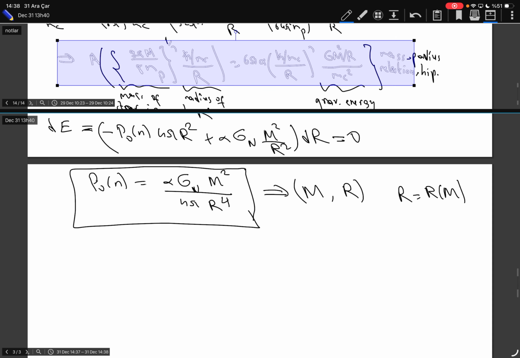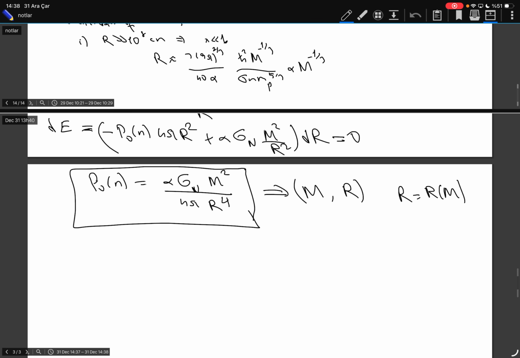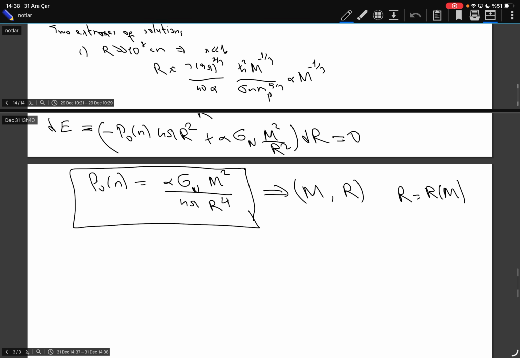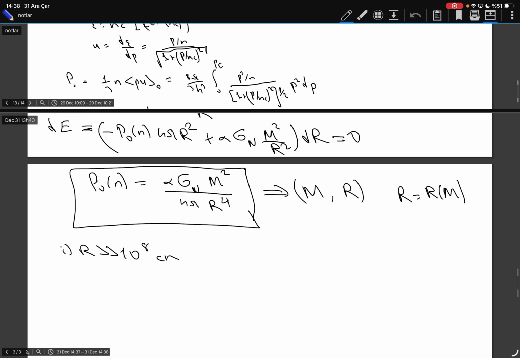Given the mass of the neutron star, you can identify what should be its radius. Now, explicit expressions are not possible, but certain limits, for example, if the radius is larger than 10 to the power 8 centimeters, well, why 10 to the power 8 centimeters? That is mainly the numbers I had quoted at the beginning of the lecture for the mass, etc.